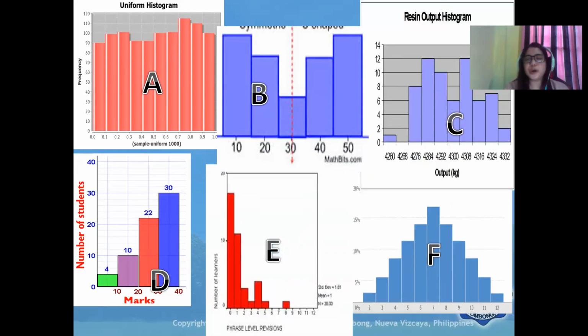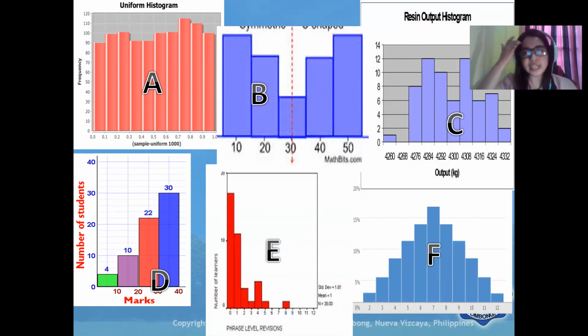In relation to the past lessons on statistics, particularly descriptive statistics, you were taught that you can present your data either in graphical or tabular form.